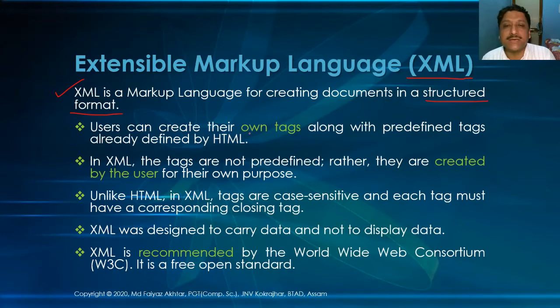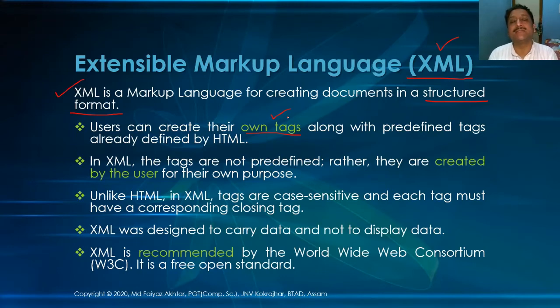Users can create their own tags in XML. Actually in HTML there are predefined tags, meaning you have to use those particular tags which we have shown, but in XML we can create our own tags with our own names.